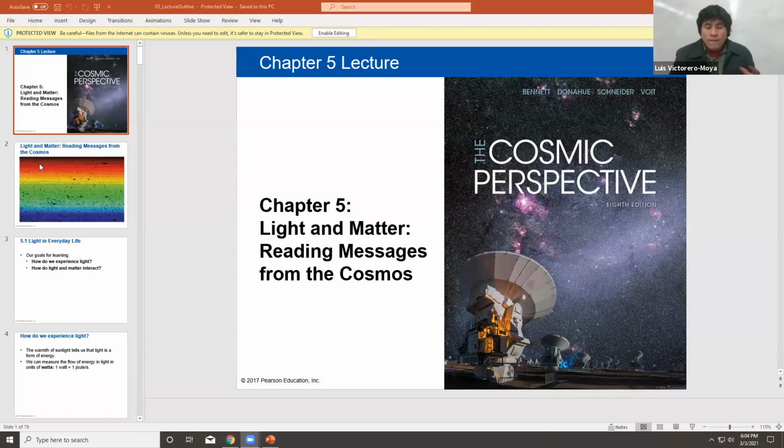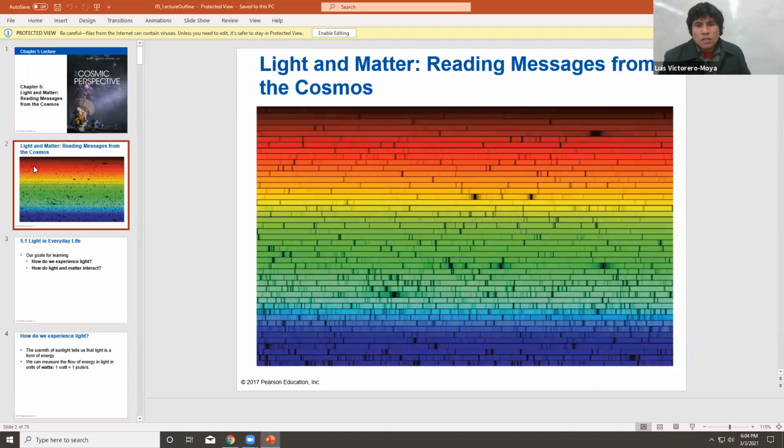But to understand that, we need to know what light is. Okay, so first of all, let me show you the following picture. What you're seeing there is the characteristic spectrum of the sun. When you look at the sun, it seems yellow because we are seeing part of the light of the sun being absorbed by atoms in the atmosphere.